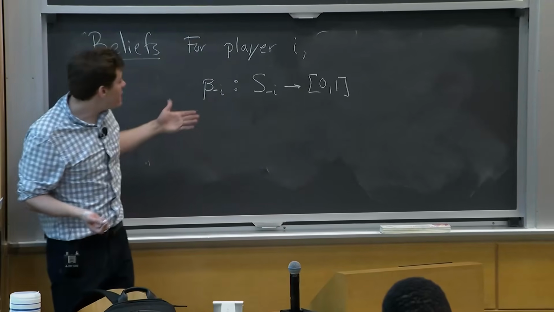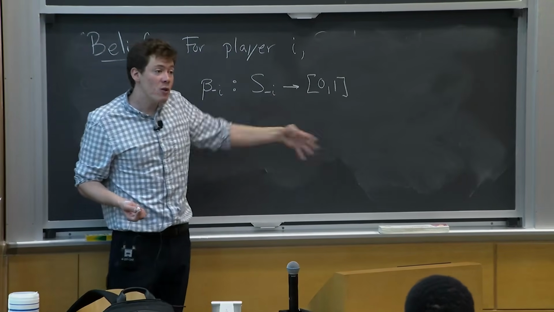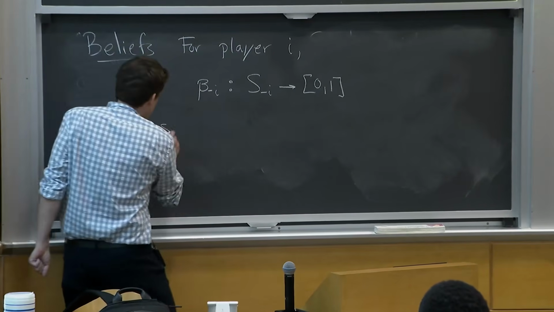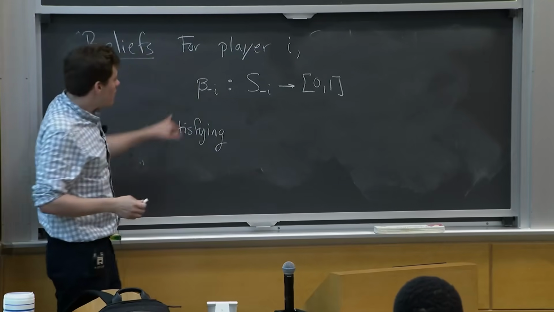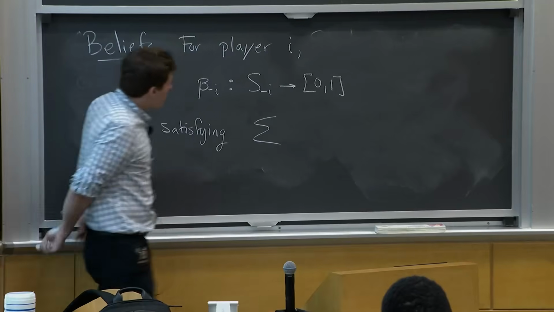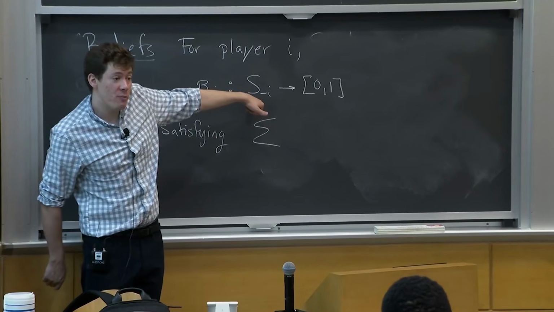Now, we have to be careful for this to make sense. When we sum up all these probabilities, we have to get 1, right? So it's a function like this that's satisfying what? Well, the total probability is 1. So let me take a summation. What am I summing over? I'm summing over all the partial strategy profiles of my opponent.